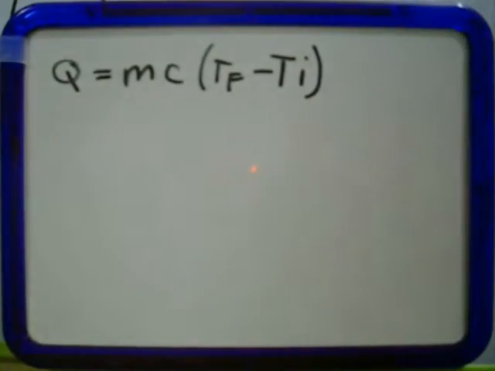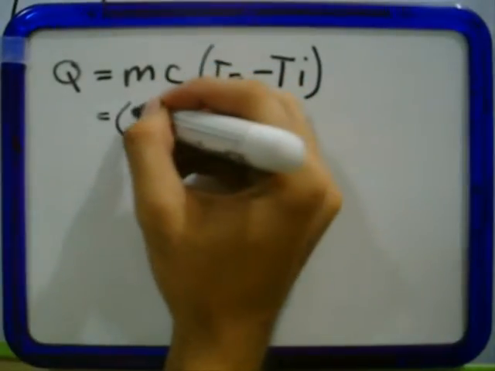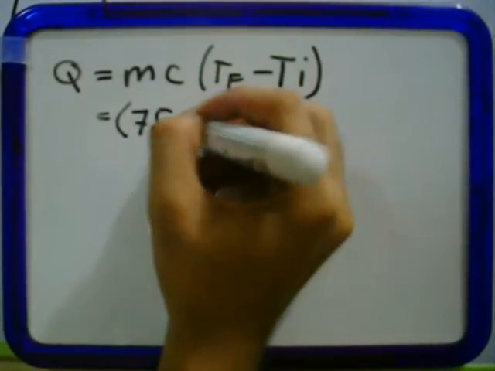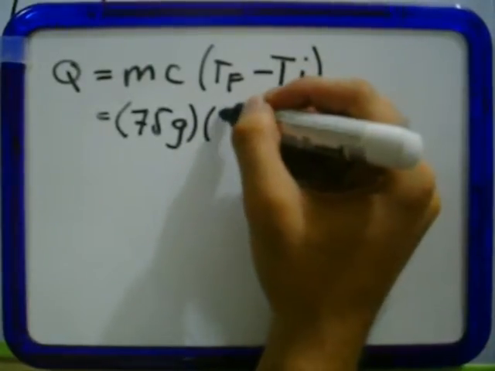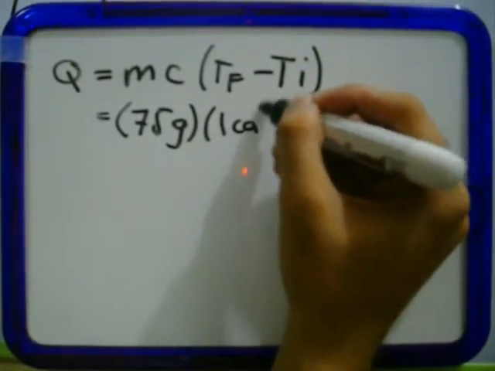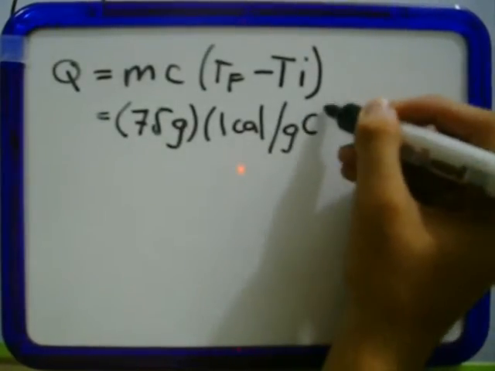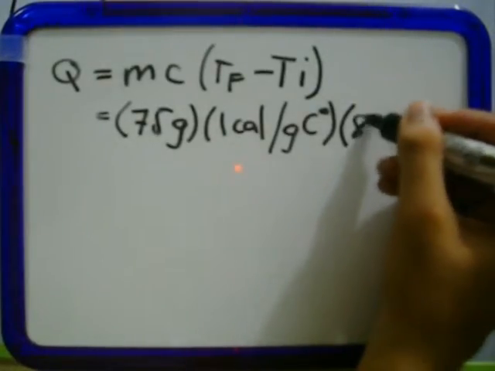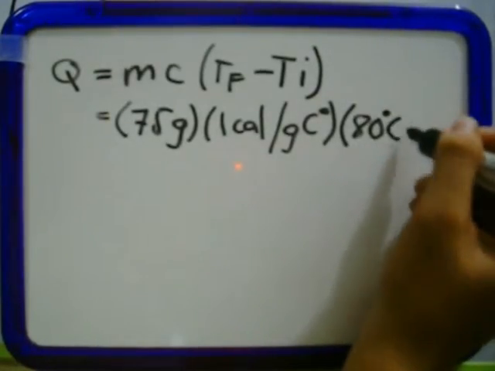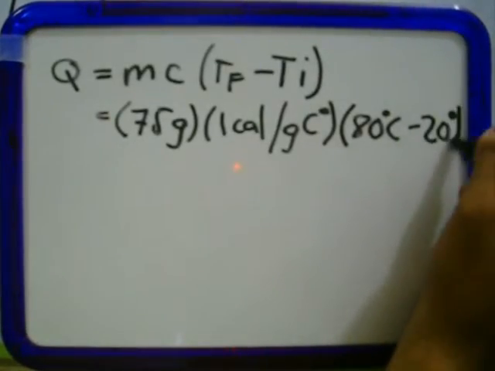Substituting the given will be 75 grams times 1 calorie per gram Celsius degree times 80 degrees Celsius minus 20 degrees Celsius.